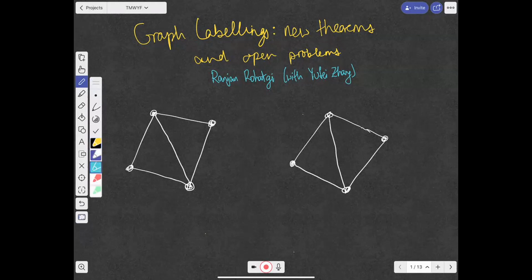Let's see how we can do that. Maybe we label that one blue, and that one can also be blue because they're not touching. But the other two can't be blue because they're touching the first two. So we make this one red, and this last one green. Now no vertex is adjacent to a vertex of the same color.